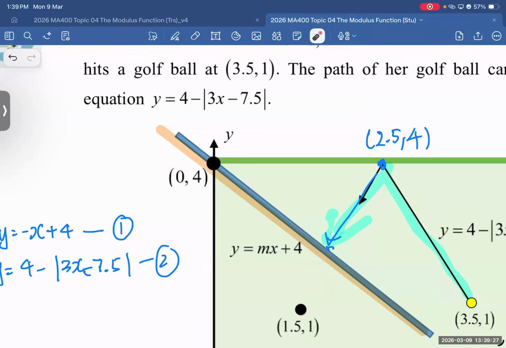So the modulus is basically the negative of 3x minus 7.5, which gives 3x minus 3.5. I'm trying to unpack this so that it's easy for you to solve.